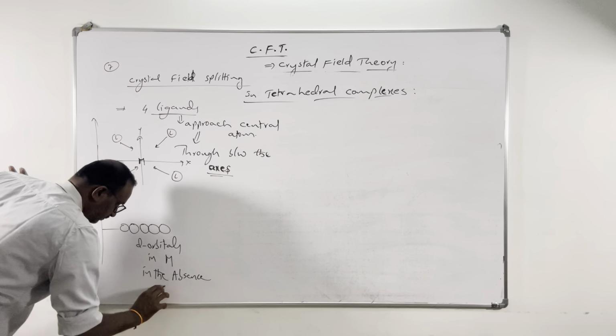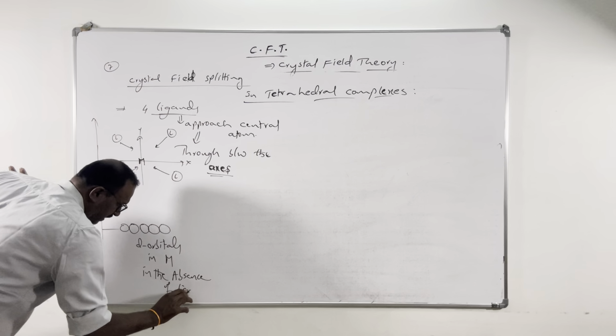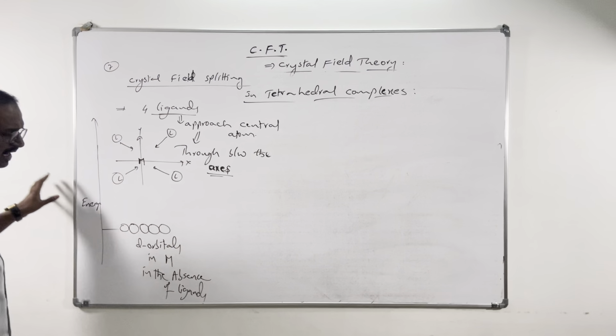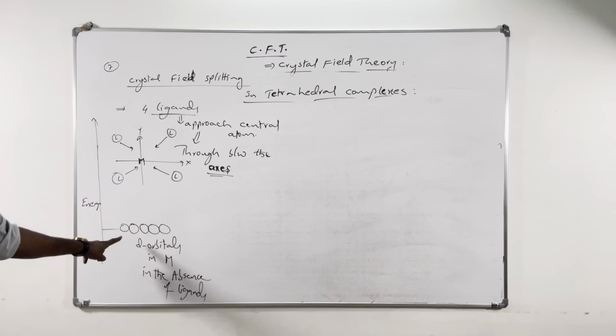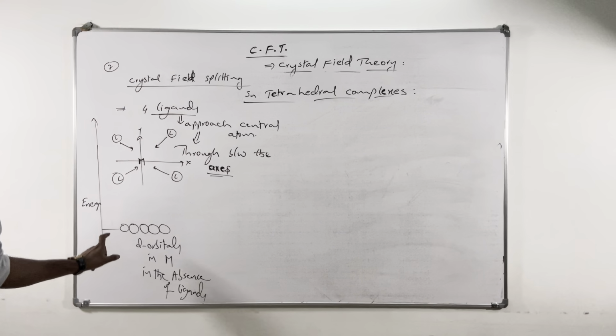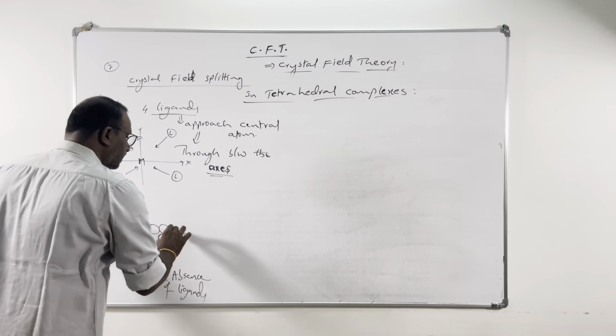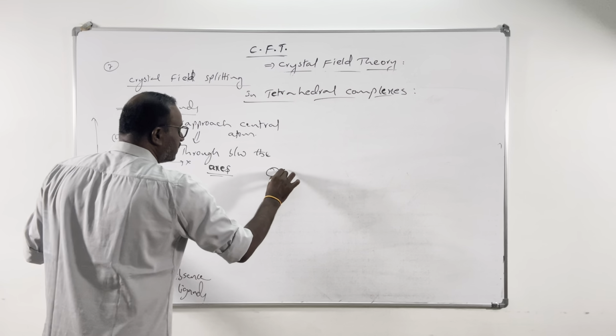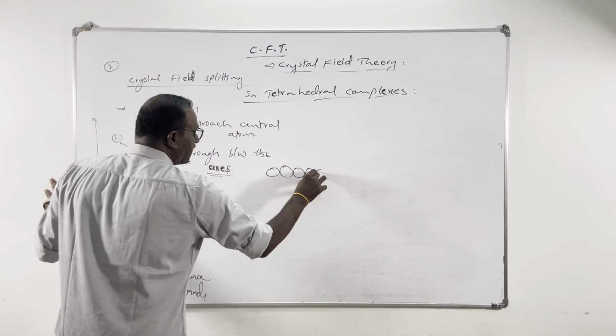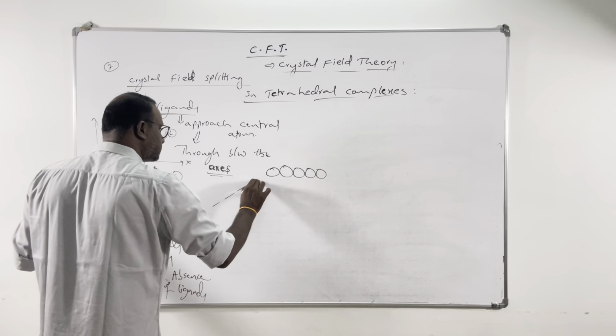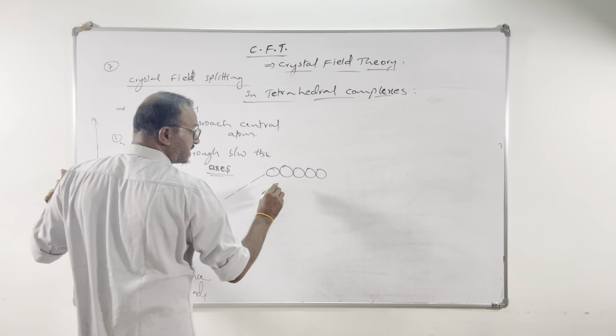If the four ligands, water maybe, are absent, the energy of d orbitals is least. When these four ligands approach the metal, then the energy of these orbitals increases. They will get excitation.